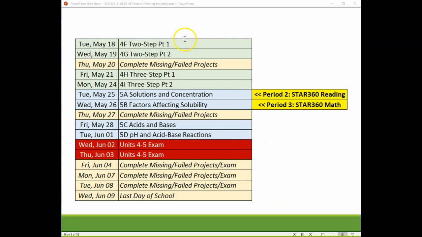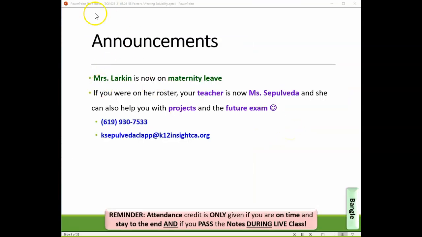You should focus on projects and exams since those are worth 70% of your grade, right? You cannot pass without them, so please make sure that those are your priority. Don't waste your time on other things if those things are not yet done. Keep in mind that I am now on maternity leave and Mrs. Sepulveda is actually back. So Mrs. Sepulveda is the other normal physical science teacher.